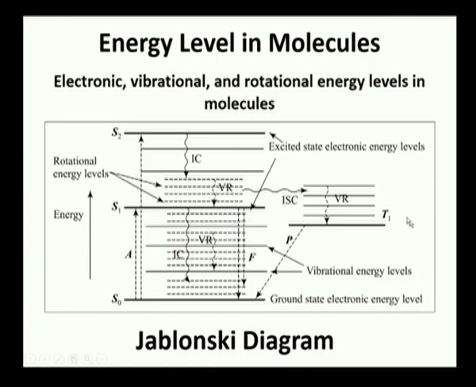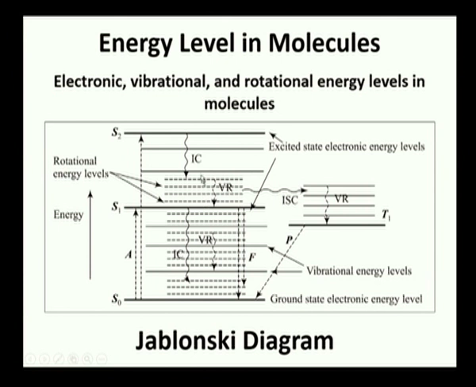So, here in this diagram you can see this is the first excited triplet state, this is the first excited singlet state, and this is the second excited singlet state in the electronic energy levels.